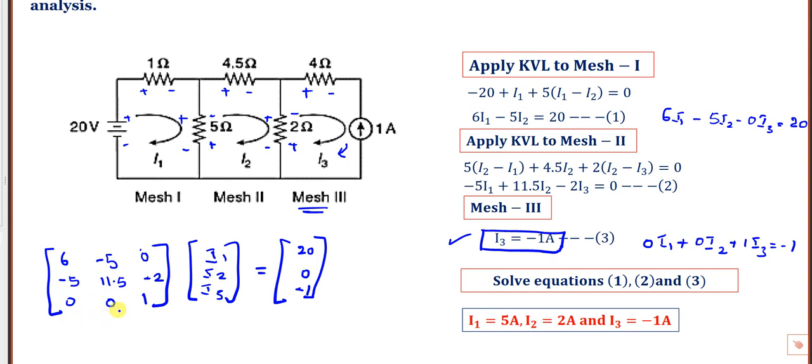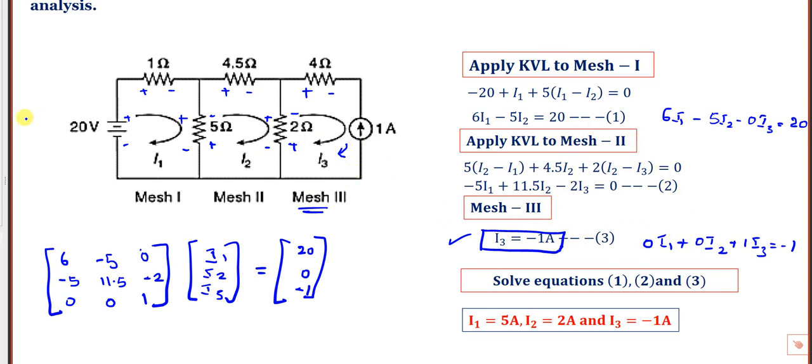Please remember, only if the circuit contains independent voltage sources and resistances can you use this inspection method. If there is a current source, don't write that common to 3 and 2 is the same as common to 3 and 1. You cannot write this because this is a current source. You should know both methods.